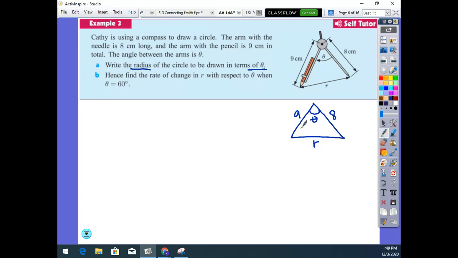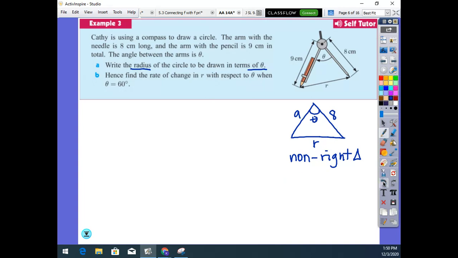Well, this is a non-right triangle. What formulas can we use in a non-right triangle? We can use law of sine or cosine rule or sine rule. But to use the sine rule, we need to know both of these. And we don't. We want to get r in terms of theta.